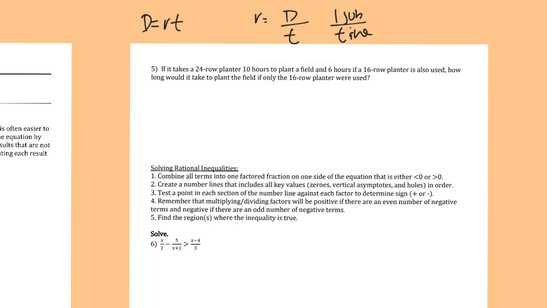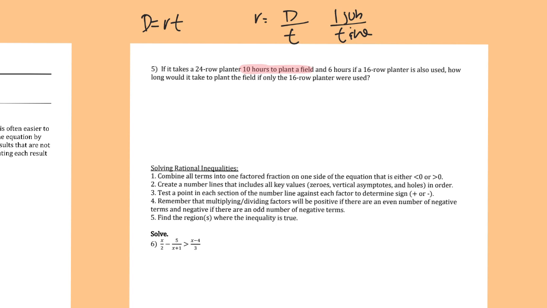So we've got this 24-row planter, and it takes 10 hours for this planter to do a whole field. So it's a pretty good size planter. Another planter is a 16-row planter. The thing is, they don't give us the rate at which it would take a 16-row planter to do the whole field.